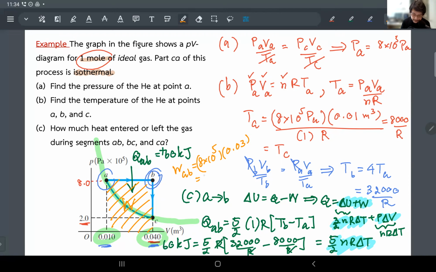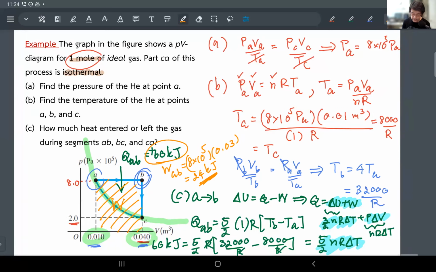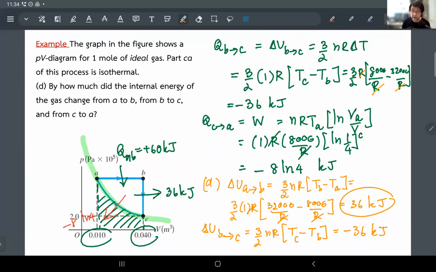And that is 24,000. Let's put it in kilojoule. There you go. So the work done from A to B using the area under the curve is 24 kilojoule. The heat that we calculated is 60 kilojoule. So you take 60, subtract out 24, you get back 36. And it's right here. Oh, okay, cool.